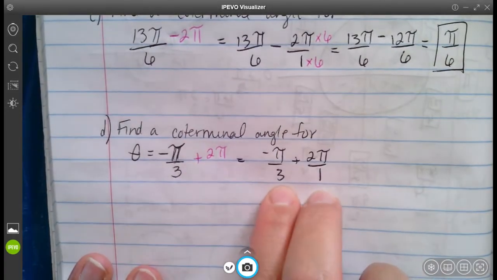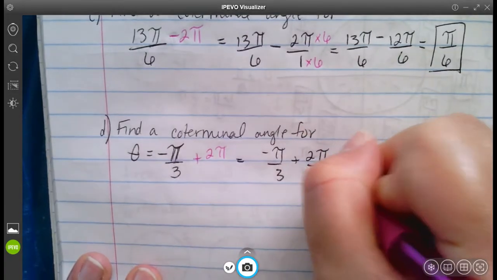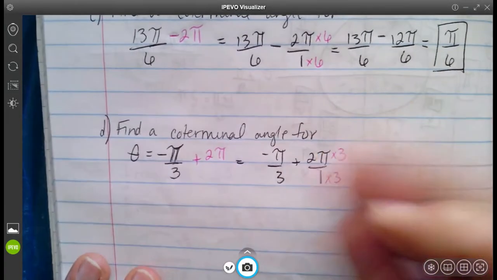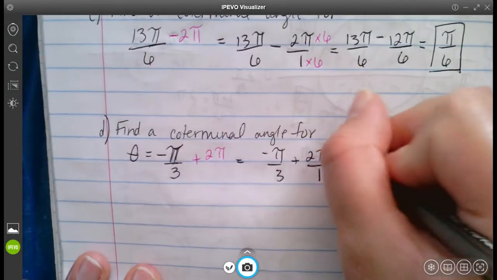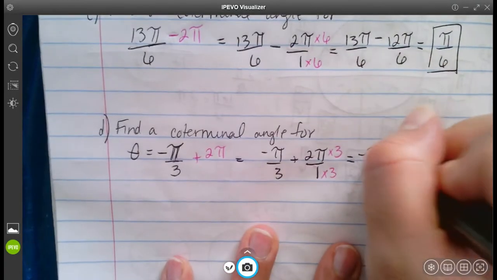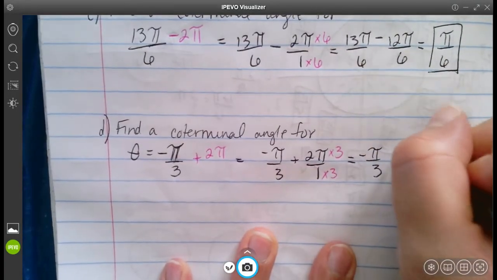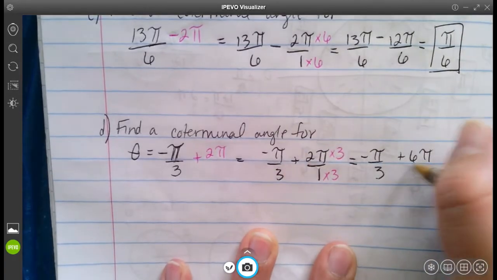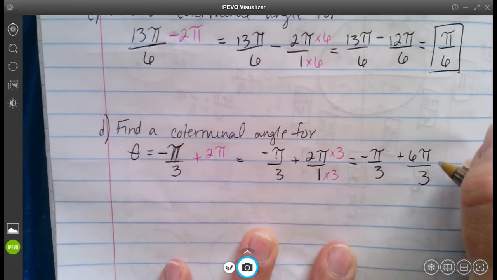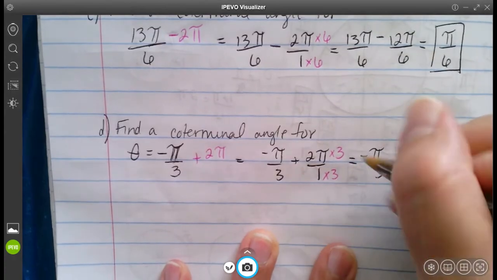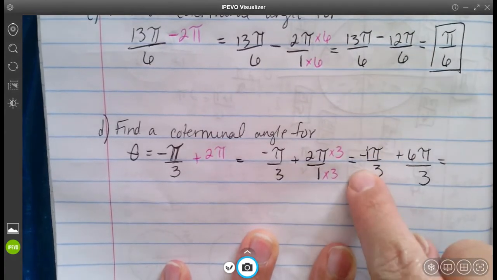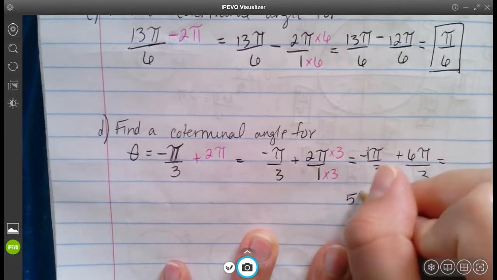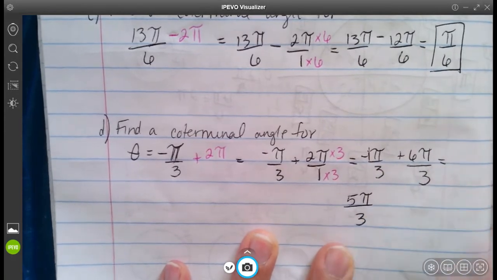We need to find common denominators, so times 3. Negative pi over 3 plus 6 pi over 3, because 2 times 3 is 6. There is an imaginary 1 here. So negative 1 plus 6 equals 5 pi over 3.